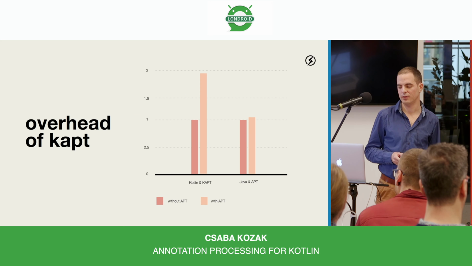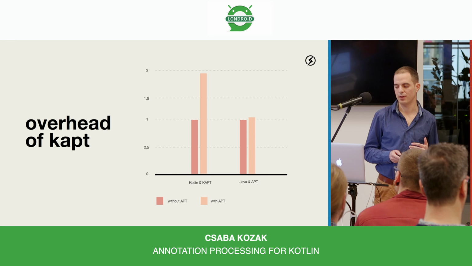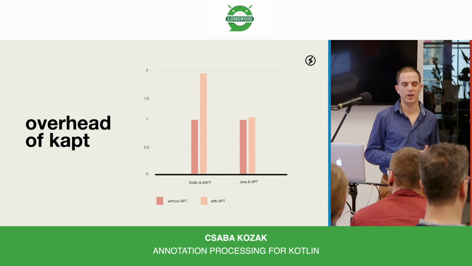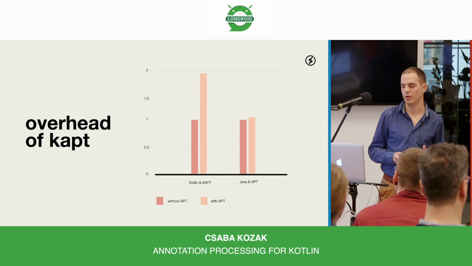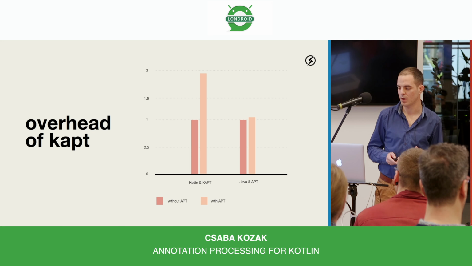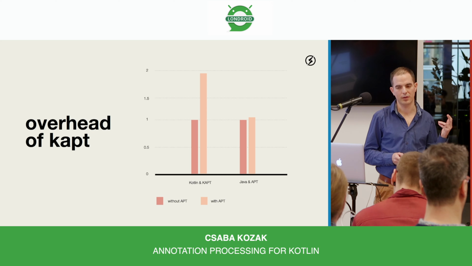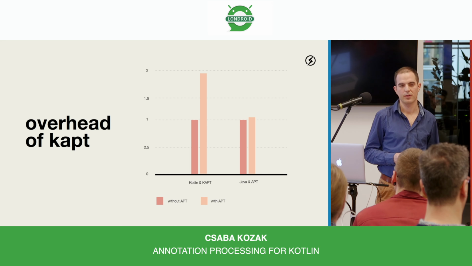So as you could see, Kotlin annotation processing uses more extra steps compared to Java, and unfortunately this means more build time for you. If you compare the standard Java compilation and add annotation processing to it, there is only about 10% overhead, of course based on how big your processors are.